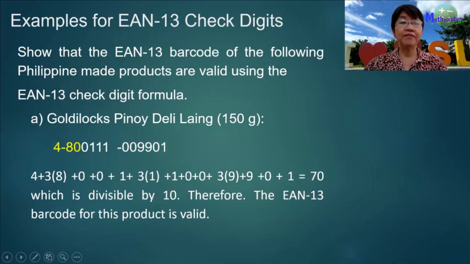And if we apply the formula, we multiply the even-numbered digits by 3. And then we add all the digits, and the answer here is 70, which is divisible by 10. Therefore, the EAN barcode for this product is valid.